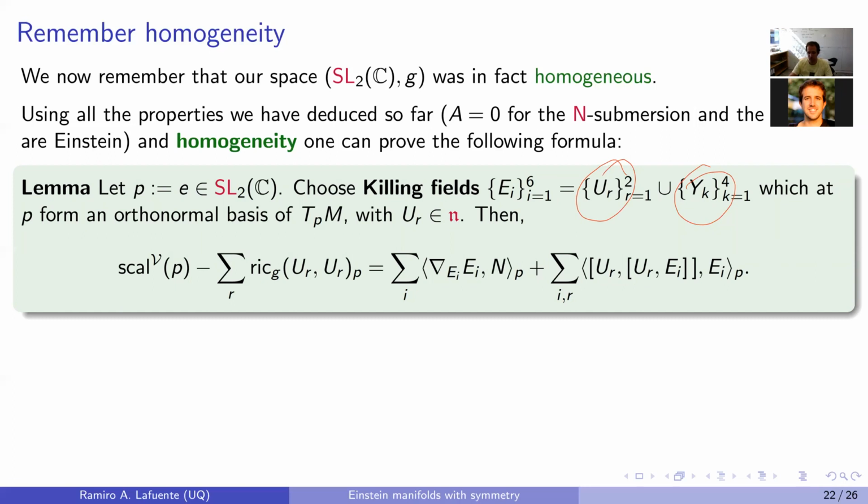So these are always vertical. These Killing fields here, Y_k, they are only horizontal at p. So if I move to a different point, they might fail to be horizontal. Then U_r, I said already, they belong to n, which is the algebra of N. And remember, the submersion we are considering is the one given by the N action.